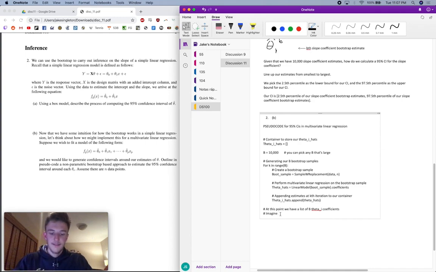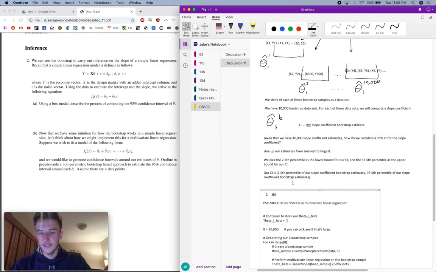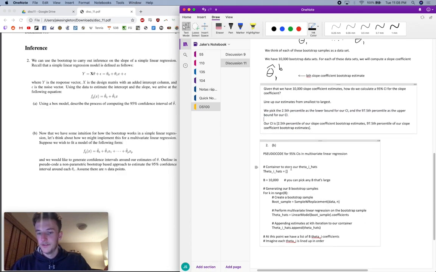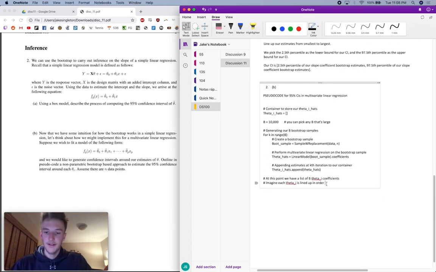And so all I'll say here is imagine we'll say each theta I is lined up in order as I was talking about here. This is pseudocode, so casual. Don't worry too much about the details.